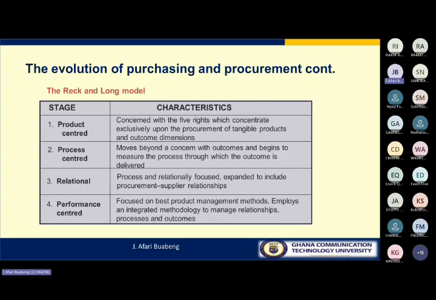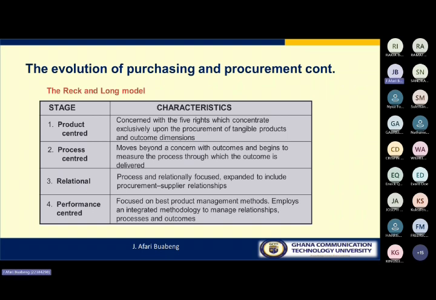Secondly, let's look at CIPS. This is a UK professional certification for those in procurement related fields. It used to be Chartered Institute of Purchasing and Supply, but now it has changed. So it is not purchasing and supply anymore.